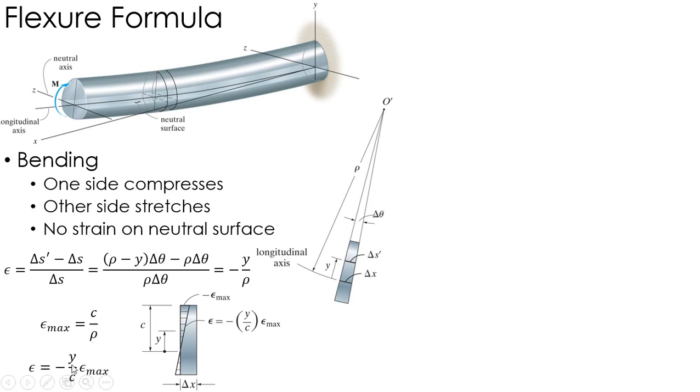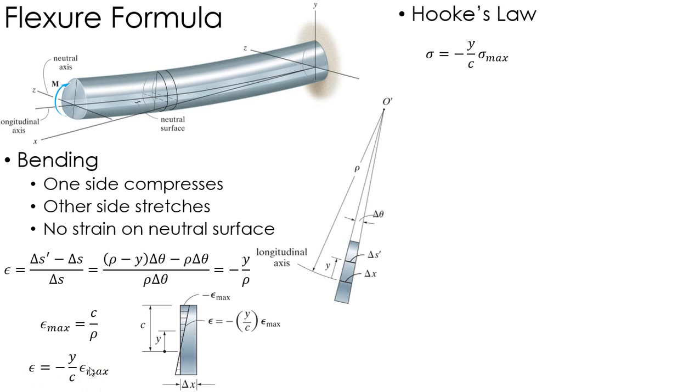Okay, and then relating the strain at some random arbitrary y away from the neutral axis, and comparing that to the maximum, I get a relationship like this. Again, it's a linear relationship between the strain at some arbitrary point and the maximum strain.